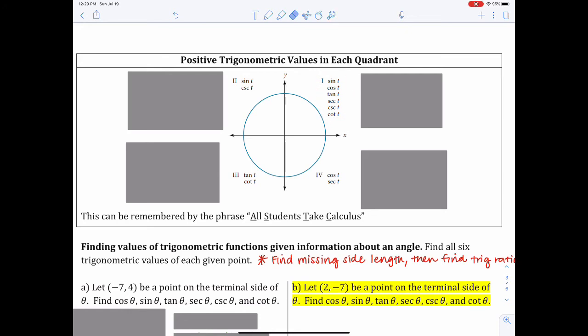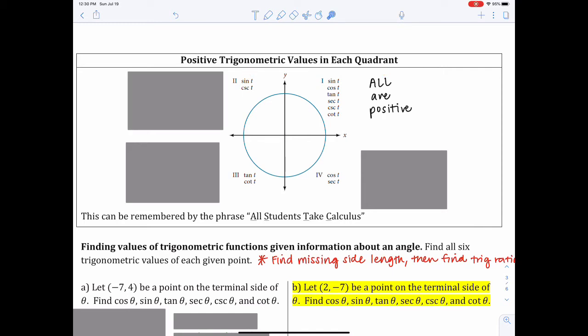Quadrant 1, we have every single trig value. So we know that all are positive here, meaning that if it tells us I want an angle in quadrant 1, so if T is in quadrant 1, we know that every single value that we give for our answers for all of our trig values here have to be positive.